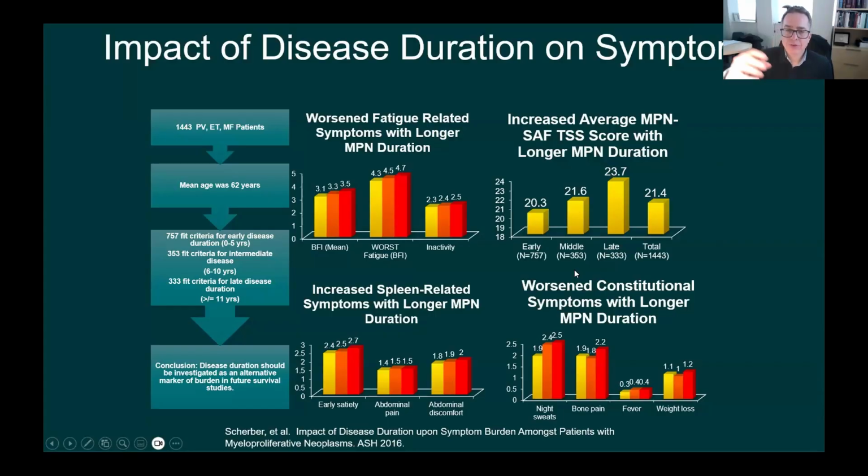And no matter how you look at the patient, whether you study them from a symptom assessment form, what's called the total symptom score, the longer the MPN diagnosis, and it kind of makes sense, the worse the score is. So symptoms progress and worsen with time as the disease progresses and worsens in other features.